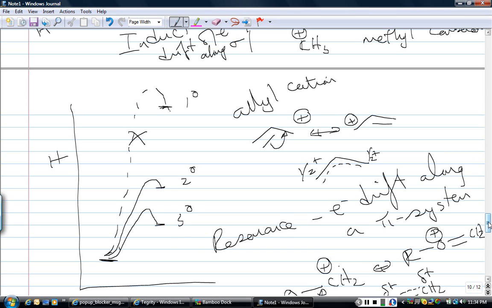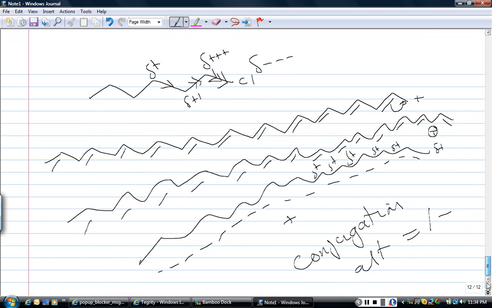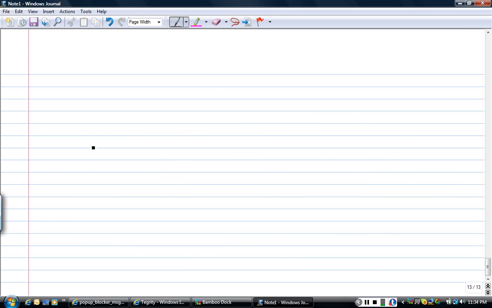Well, it's not surprising that carbocations like allyl, and another common one is benzyl, which is a positive charge adjacent to the benzene ring, called a benzyl cation, are going to be very stable.